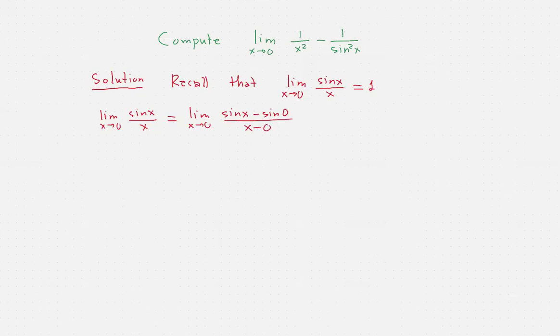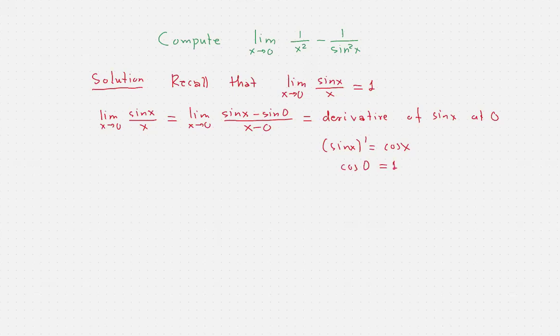So this should be the derivative of sine x at 0. Yes, but the derivative of sine is cosine, and cosine of 0 is 1.